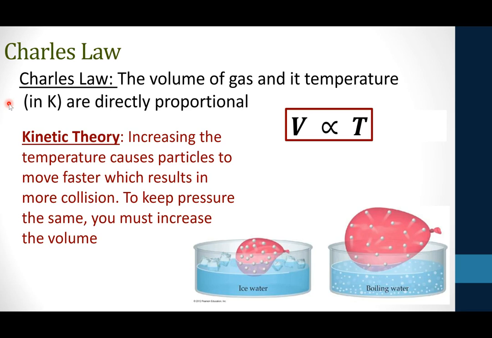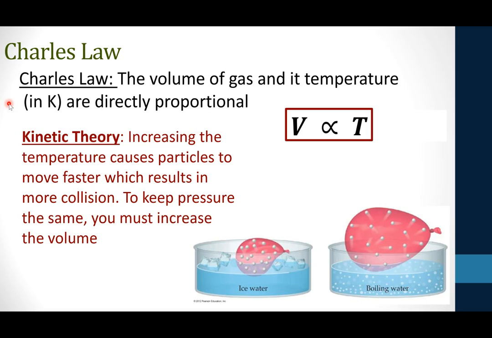So let's talk about why. What's going on here? Well, again, we're going to look at the molecules inside of these examples. By increasing the temperature, that's going to cause those particles to move faster. If the particles move faster, we would expect more collisions with the side of the container. But remember, if we're looking at Charles' law, what is it that we're holding constant?